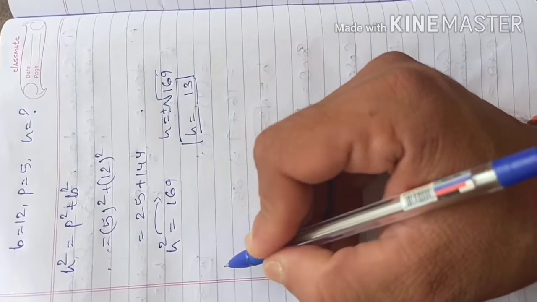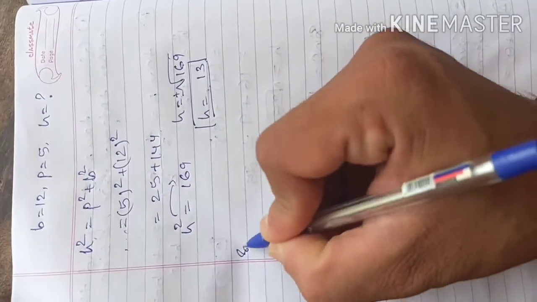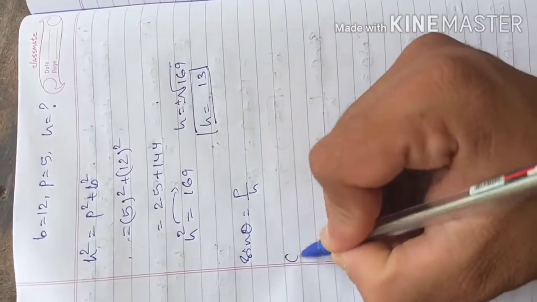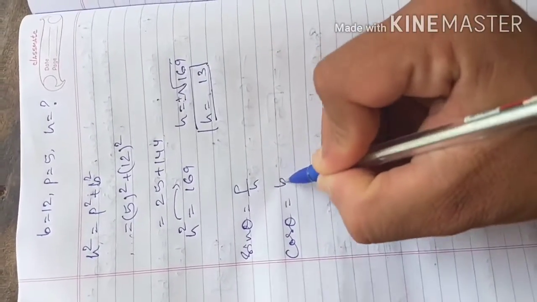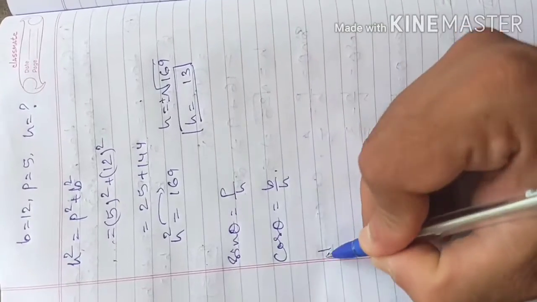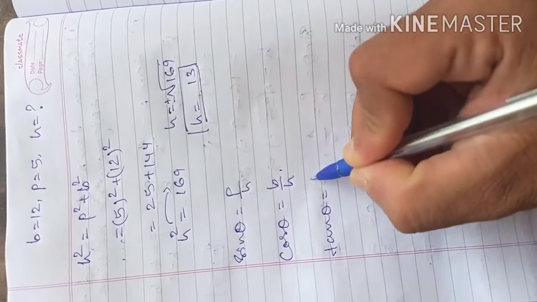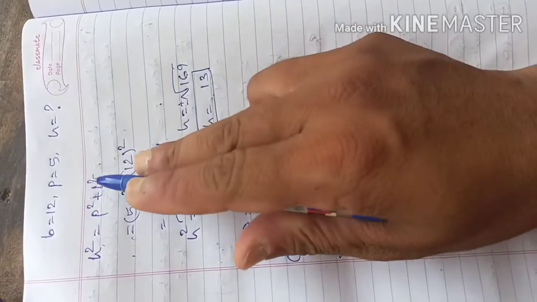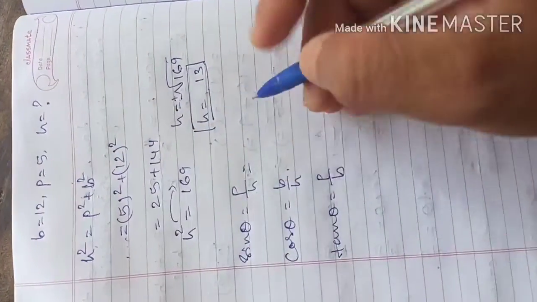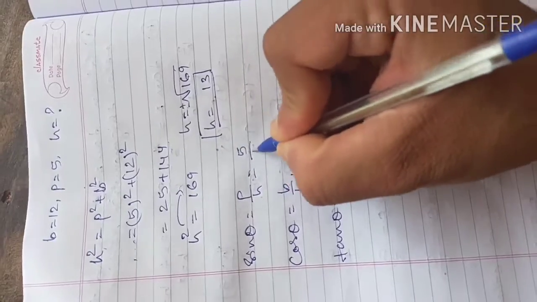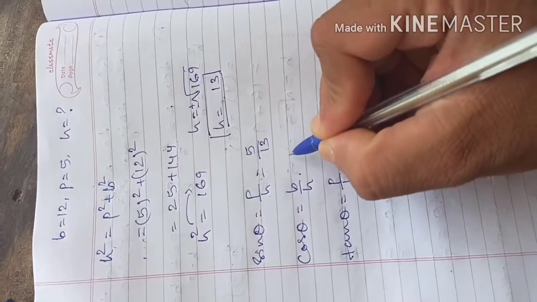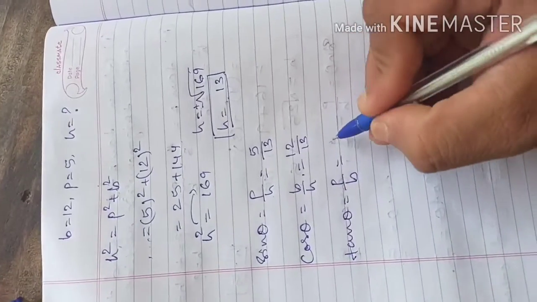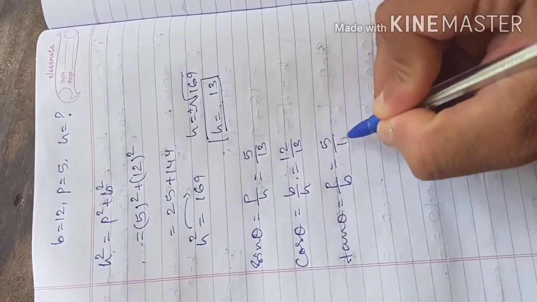Now the trigonometric ratios are sin theta P by H, cos theta B by H, tan theta P by B. P by H, P is 5, H how much we got? 13, so 5 by 13. B by H, that is 12 by 13. P by B, that is 5 by 12.